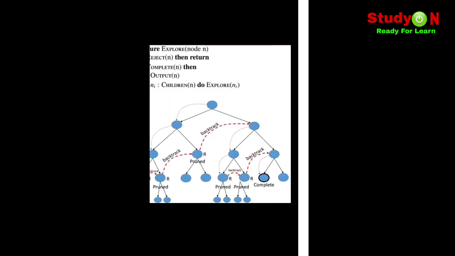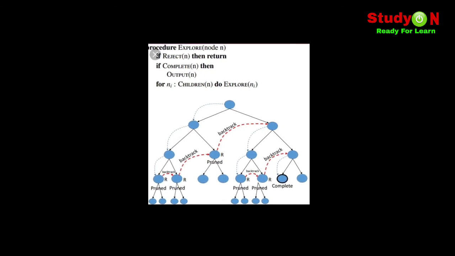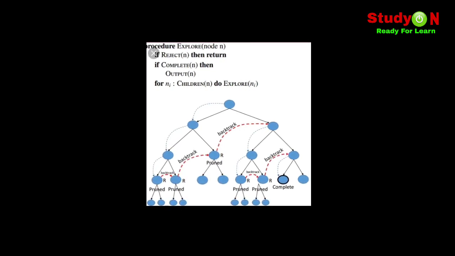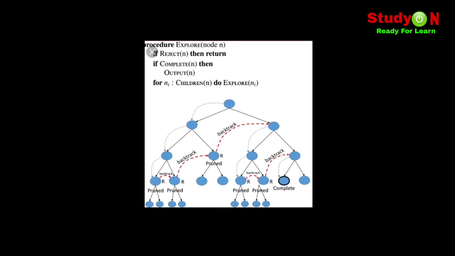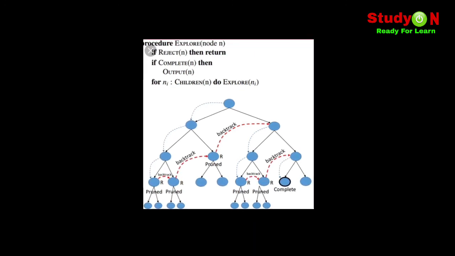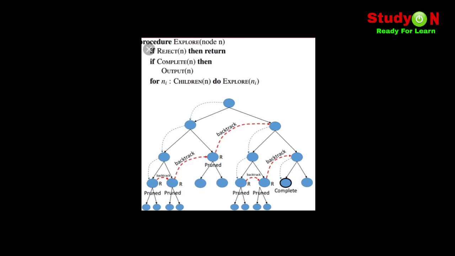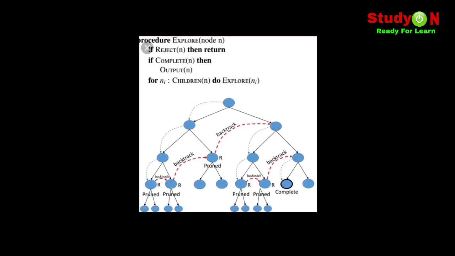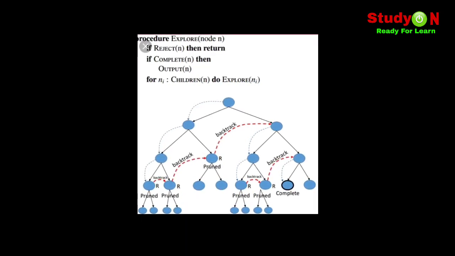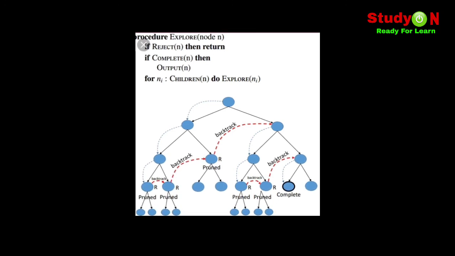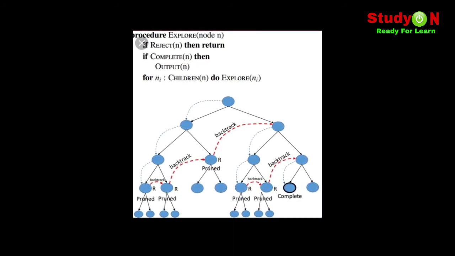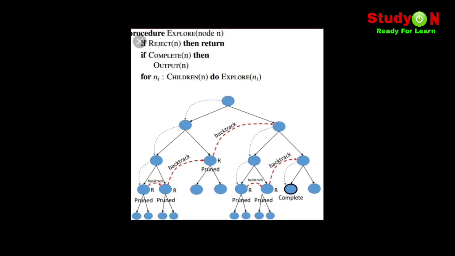Now, see the backtracking. At the first point, we have a problem, then we have to solve this problem and again solve this problem, and this is our final point.